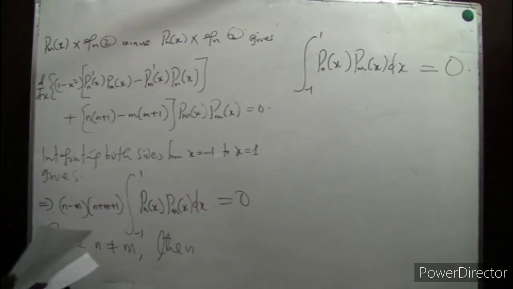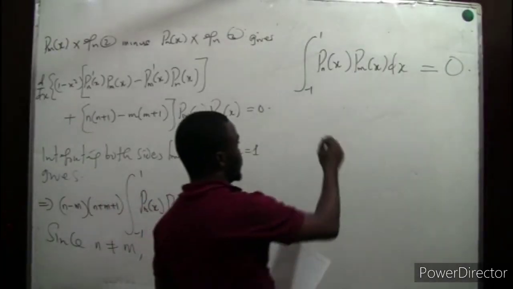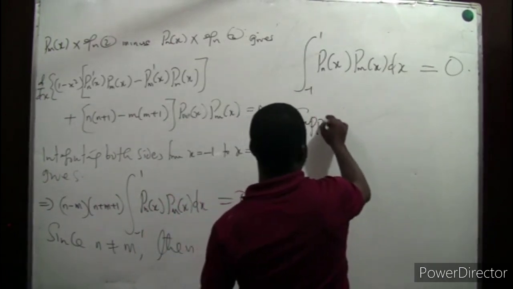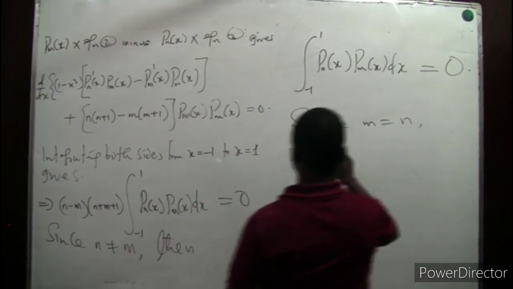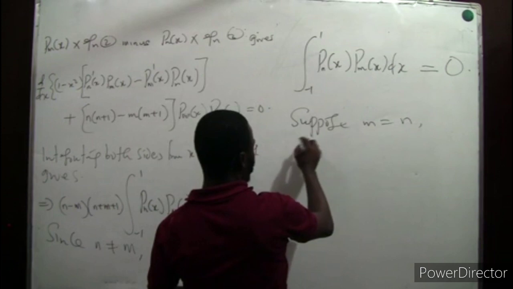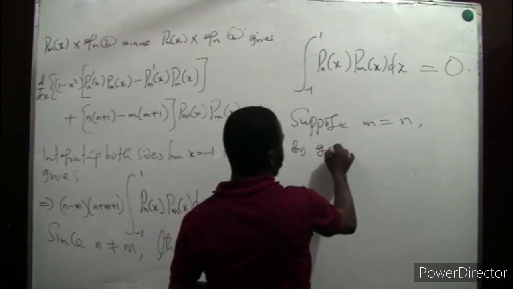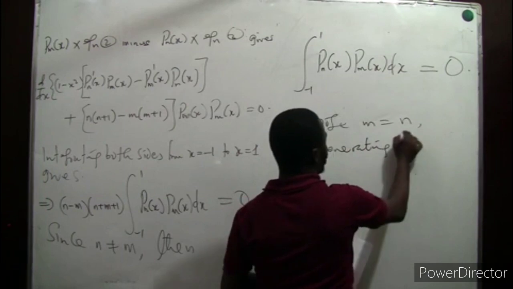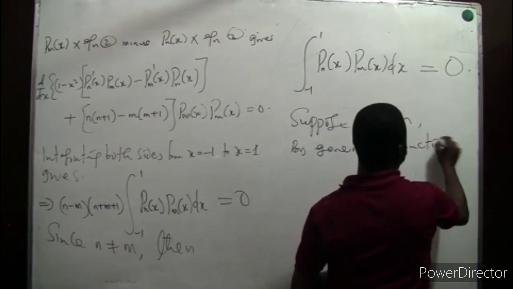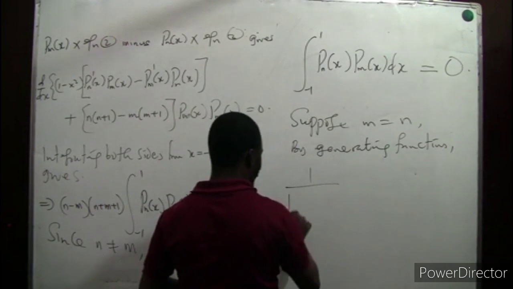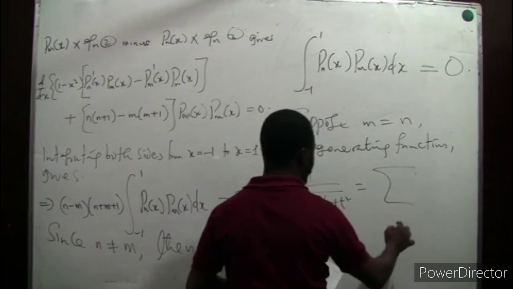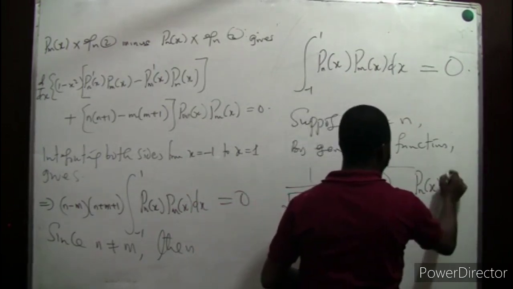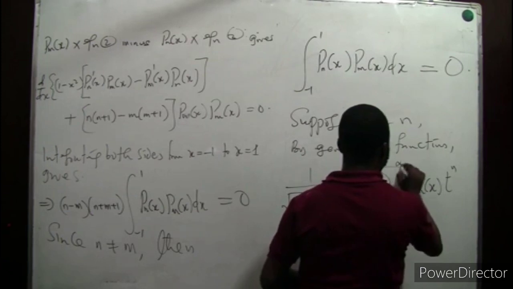Let's now move to the second part of the theorem. To establish that, suppose m is n. So by the generating function, 1 over the square root of 1 minus 2xt plus t squared will equal the summation of Pn of x t raised to power n from 0 to infinity.